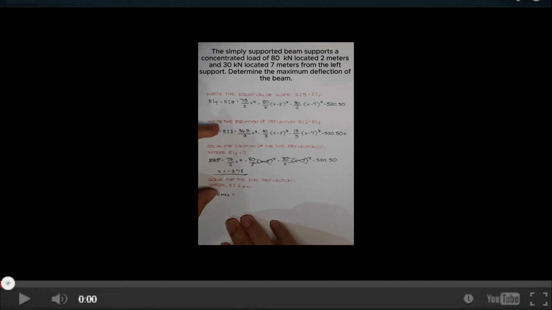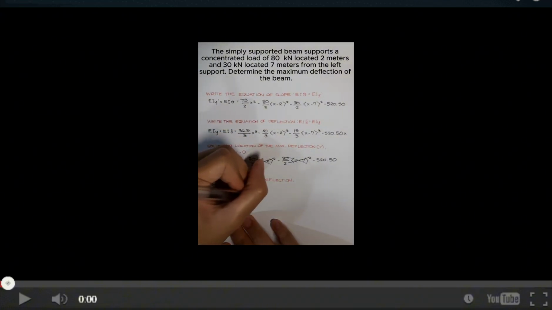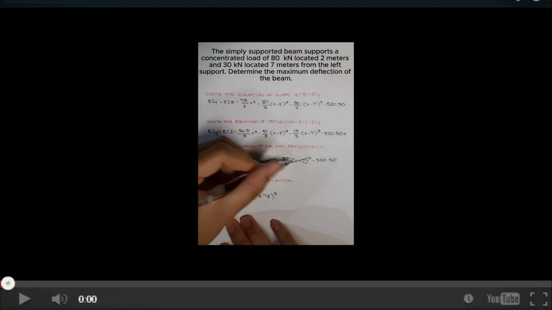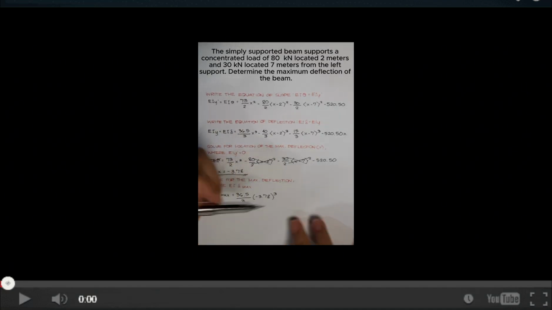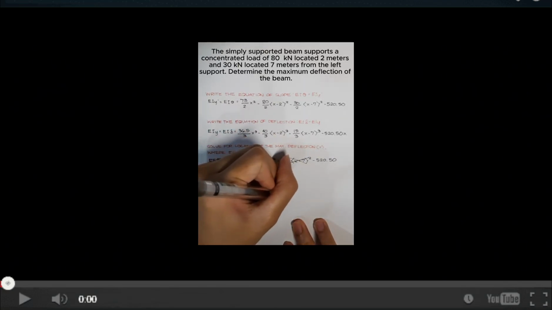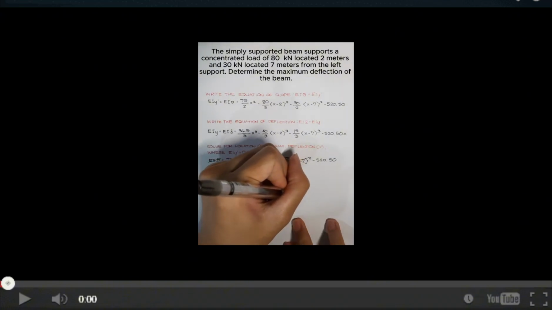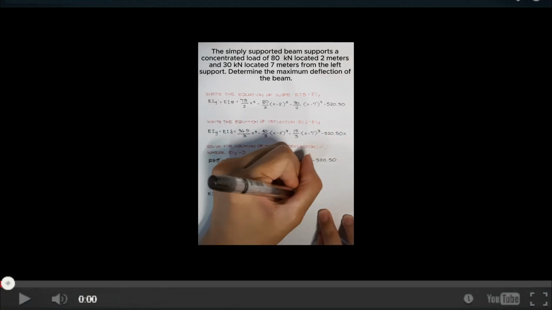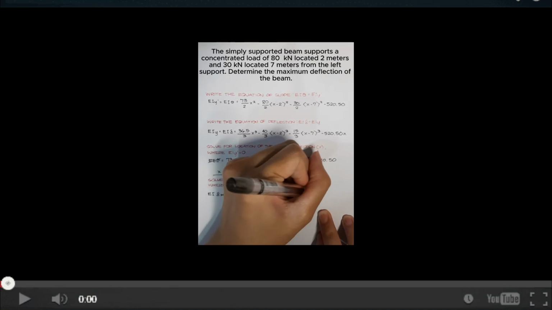So, dito tayo magbe-base. 36.5 over 3. Then, yung x here, isa-substitute natin ito. So, magiging negative 3.78 cube. Since naka-cancel out na to, hindi na natin isusulat to for the maximum deflection. So, diretso na agad tayo sa ating C1 minus 520.50. Then, yung x natin dito, substitute natin, negative 3.78.